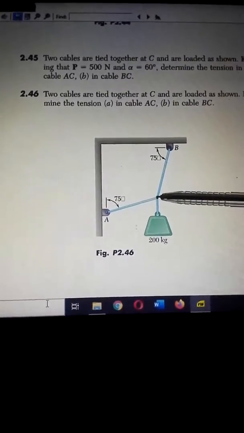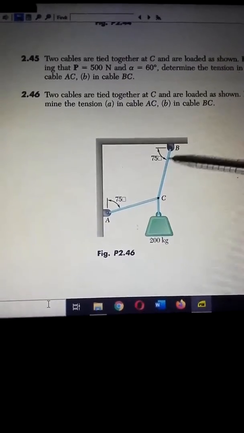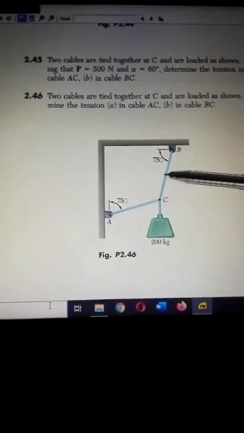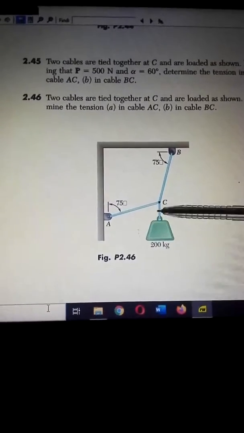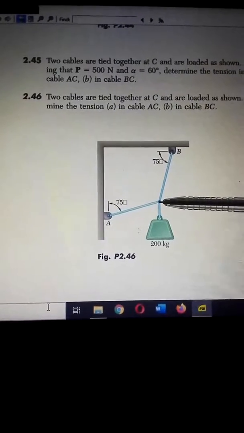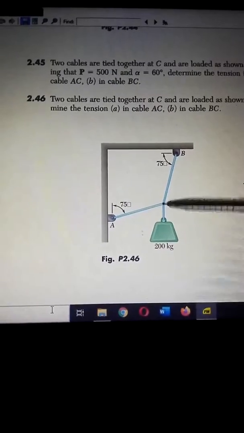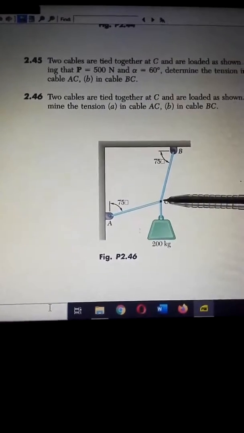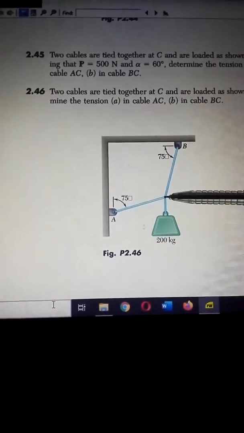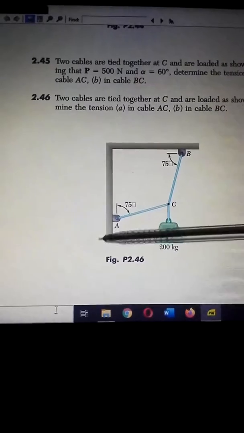That means we locate the point C, then we also put in the different forces. Don't forget these are going to be tension forces, and as we have severally said, tension will be directed away from the point in consideration. So the tension at point C due to the portion BC of the cable is going to be directed from C towards B. The tension in the cable AC at the point C is going to be directed from the point C to the point A in that direction.